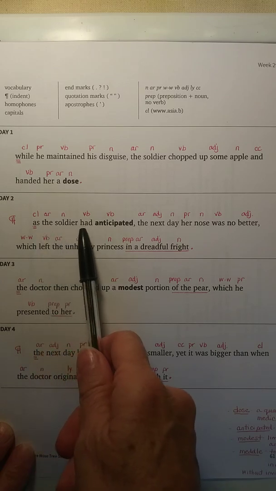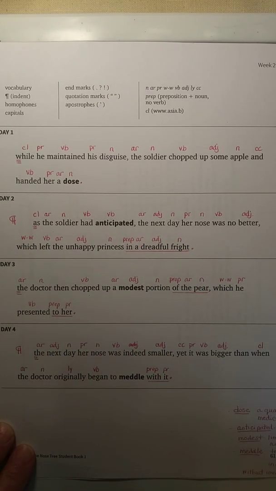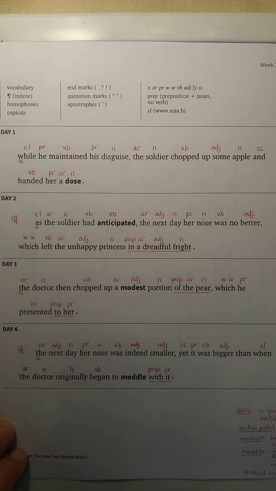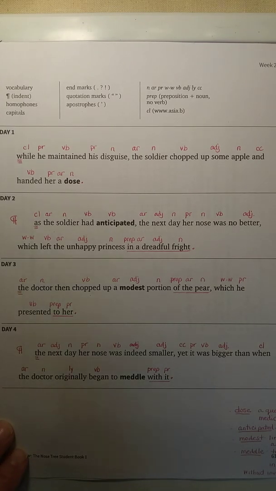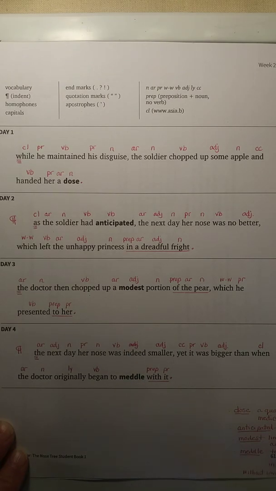As the soldier had anticipated, the next day her nose was no better, which left the unhappy princess in a dreadful fright. Okay, anticipated means something was expected. The doctor then chopped up a modest portion of the pear, which he presented to her. And modest in this case means limited in amount, just a small amount.